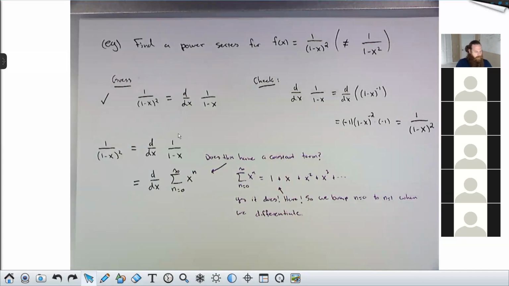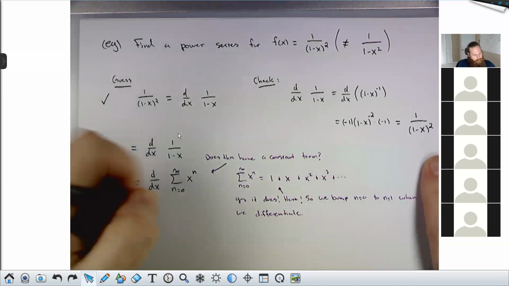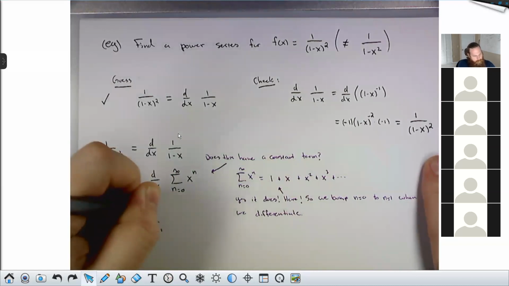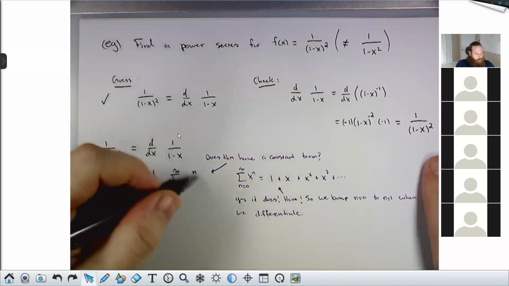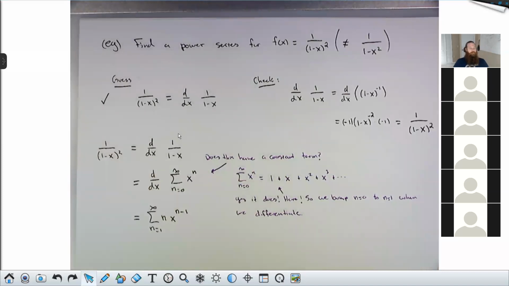All right, let's go ahead and take our derivative. My original series does have a constant term, so the starting index n equals 0 gets bumped up to the starting index n equals 1. Then the derivative of x to the n is n x to the n minus 1. That's it.